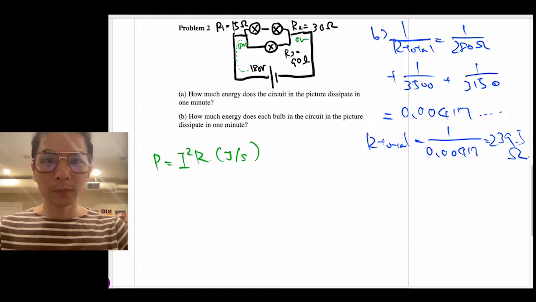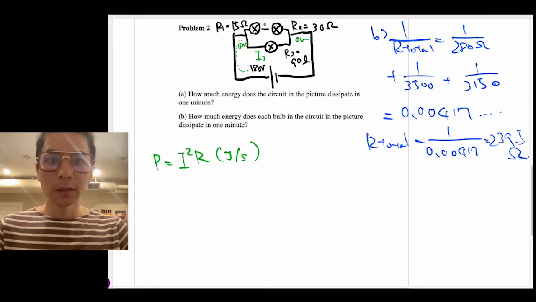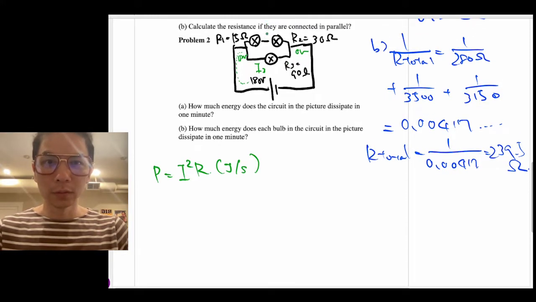So there are two kinds of currents. One is current 3, because this current goes through resistance 3, and the top one, let's call this current 12, because this current goes through resistance 1 and 2.